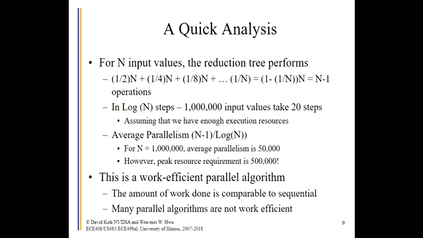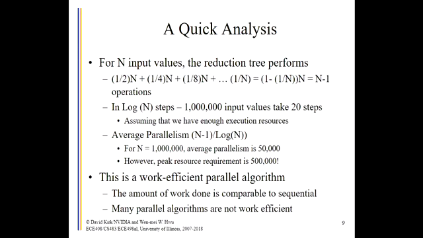The average parallelism is actually the catch. The average parallelism is going to be much, much smaller than the number of operations you need to do in that first step. The first step involves 500,000 operations for a 1 million element list, right?